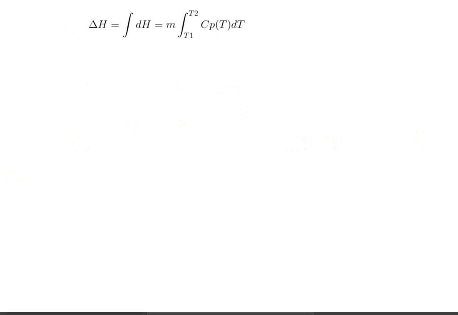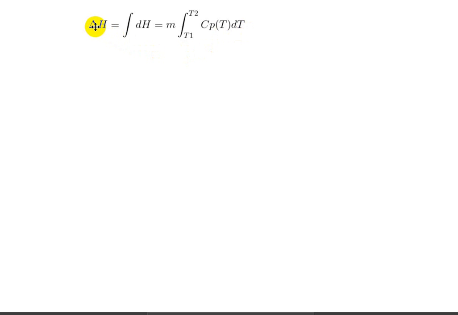Now suppose we add the complication that the heat capacity at temperature is not 27 joules per mole K, but rather is different at every different temperature. So Cp is dependent on temperature. Cp will have a different value at every temperature from 298 degrees all the way up to 700 degrees.